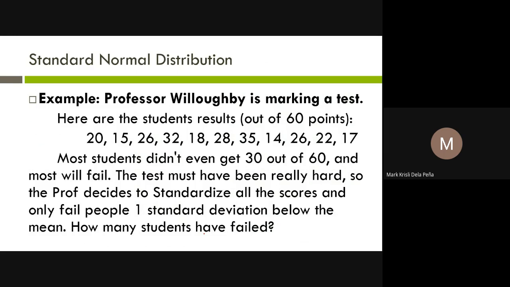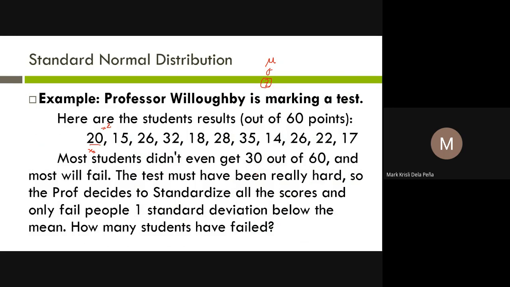Remember this, when standardizing, the mean and the standard deviation should be present. Then we can convert them into their equivalent z-scores. Each x will now have an equivalent z-score. So if this is x sub 1, you'll have to calculate for z sub 1, x sub 2 to z sub 2, and so on.